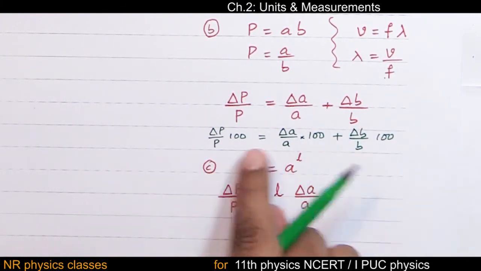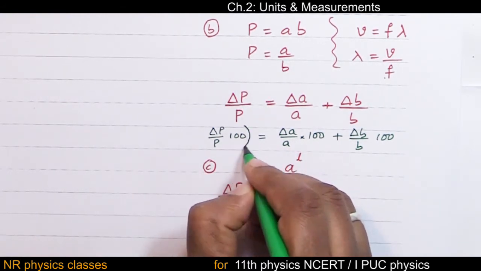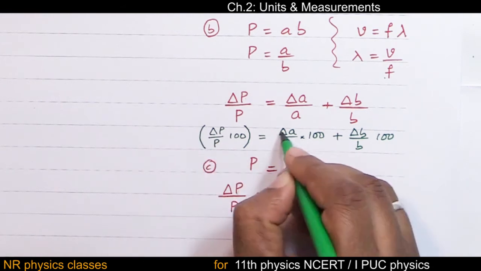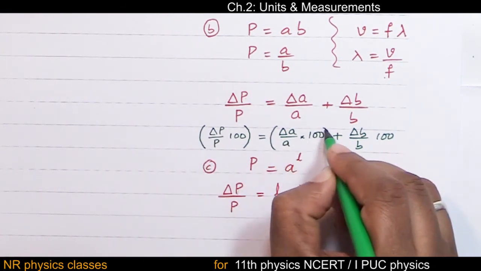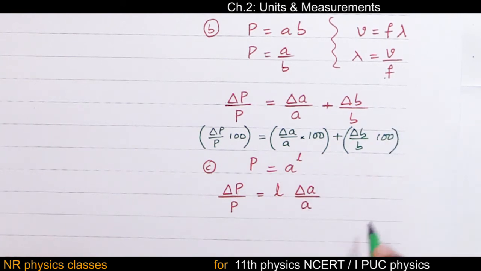So multiply the left hand side and right hand side by 100. This becomes the percentage error in the measurement of P equals the percentage error in the measurement of A plus the percentage error in the measurement of B.